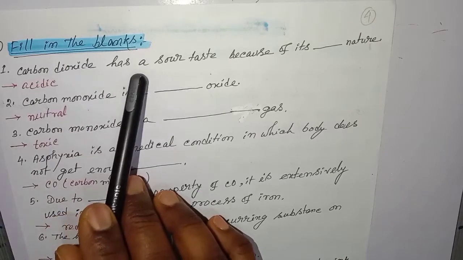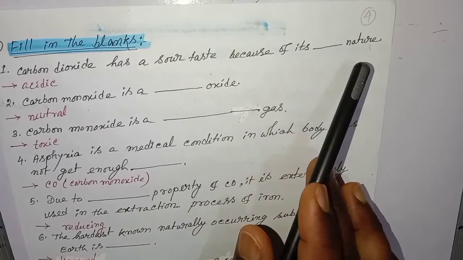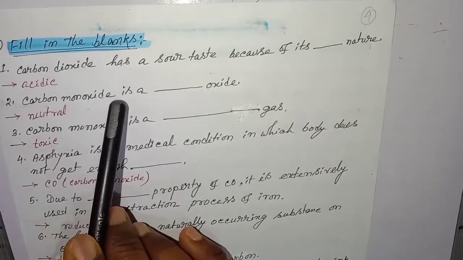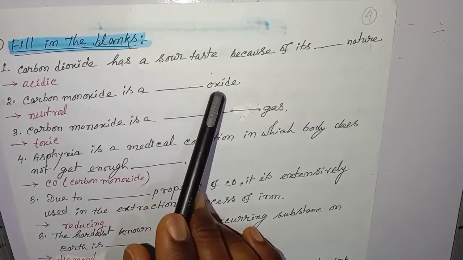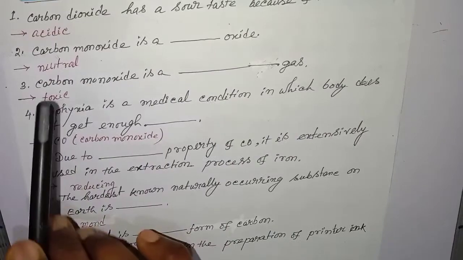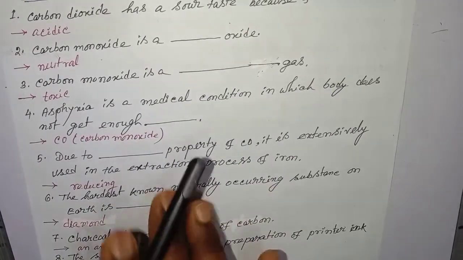Carbon dioxide has a sour taste because of its dash nature, acidic. Carbon monoxide is a dash oxide, neutral oxide. Carbon monoxide is a dash gas, toxic gas.